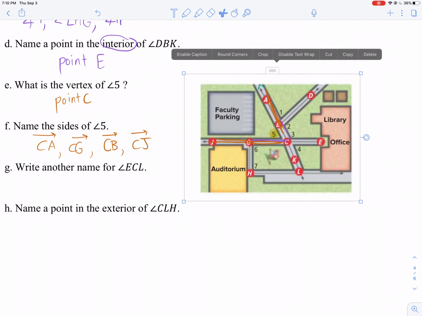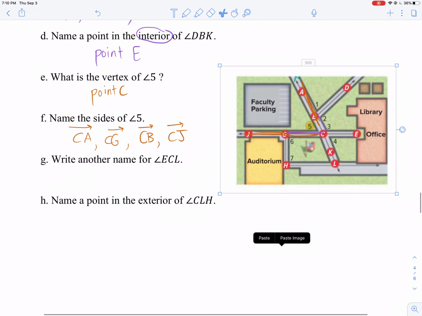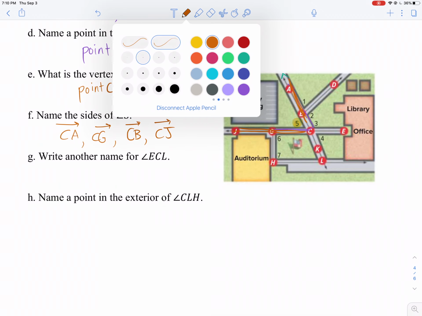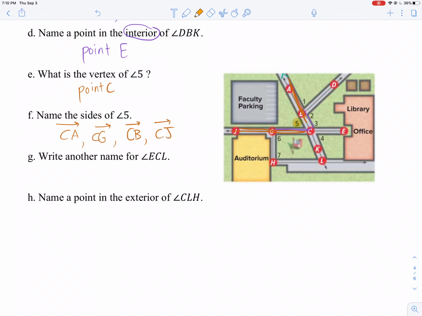All right, cool. Just so you can see it a little bit better. So write another name for ECL. Just because I copied it, it's not going to work. We're going to say ECL. Another name for angle ECL is going to be angle 4 or angle LCE. Those are our options.